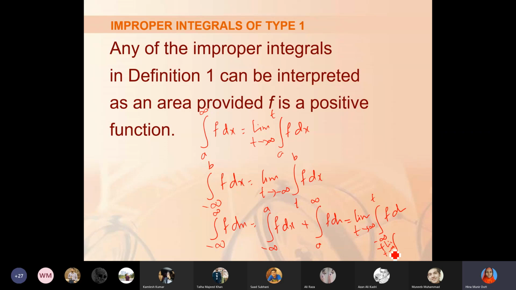This is minus infinity and this is positive infinity. Over here I have t to a, and for this I have a to t. This is how you will evaluate your improper integral of type 1.